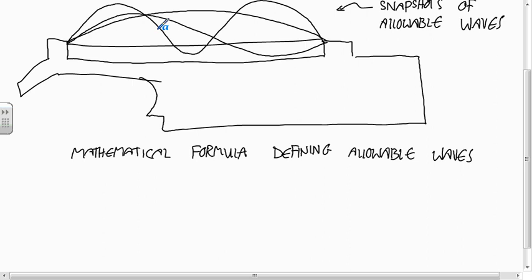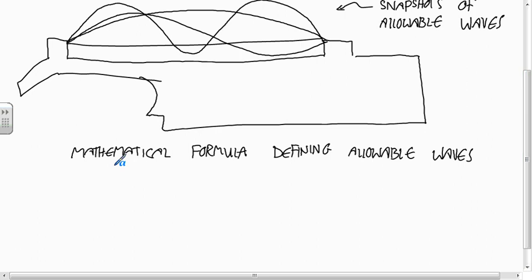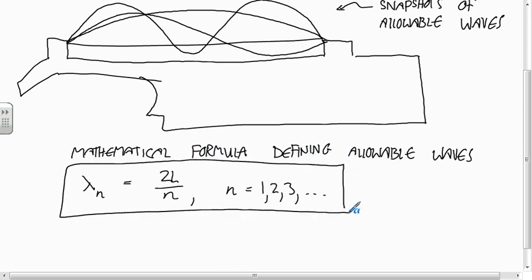So the formula that determines the allowable wavelengths says the wavelength, and I'll say the nth wavelength because we're adding up a whole bunch of these, is equal to 2L over n, for n equals 1, 2, 3, and keep going up infinitely far. This formula determines what wavelengths fit between this fixed point and this fixed point.